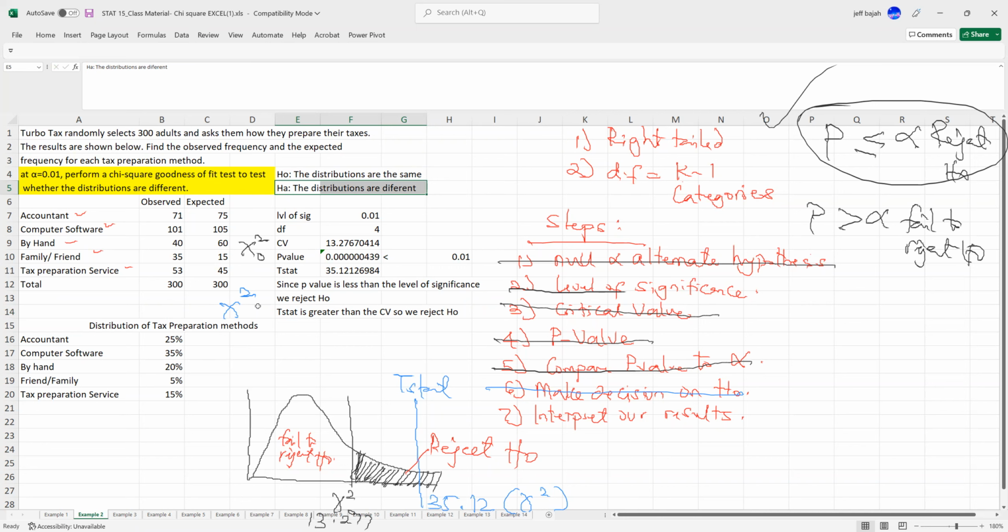I know I just made a whole mess of my board, but I'm going to make space here to interpret my results.